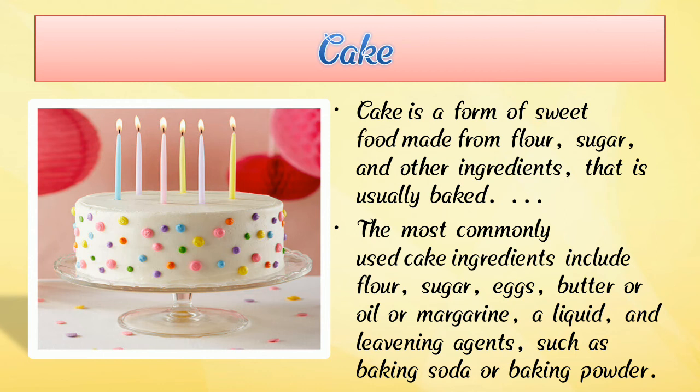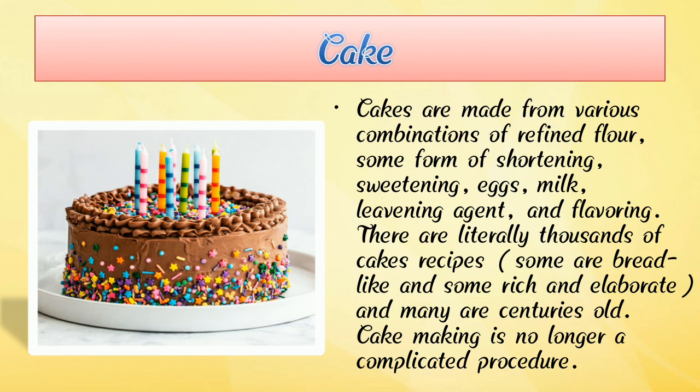So, cake is made with ingredients like flour, sugar, eggs, butter, oil, and margarine or liquid, and baking powder and baking soda. Here we also see a photograph of a yummy cake.